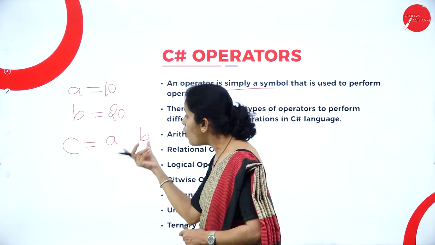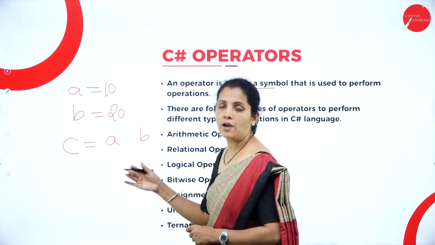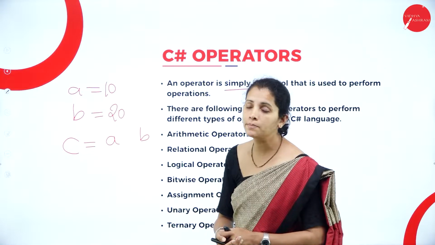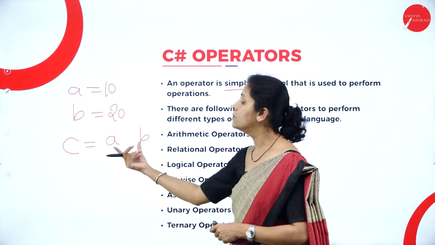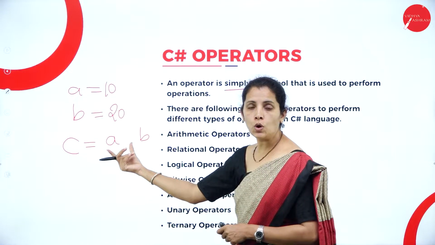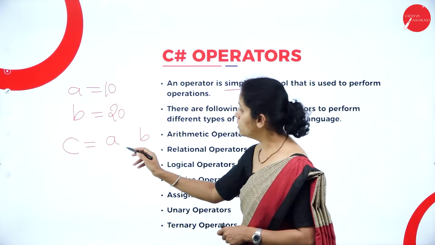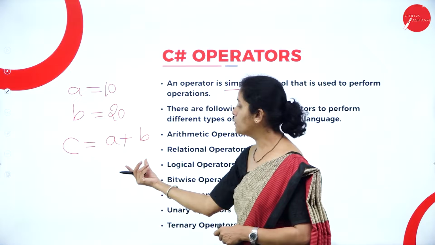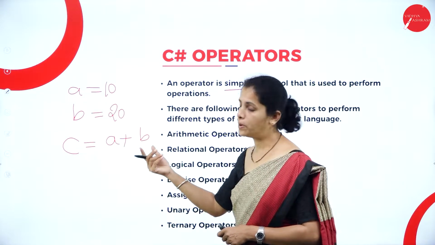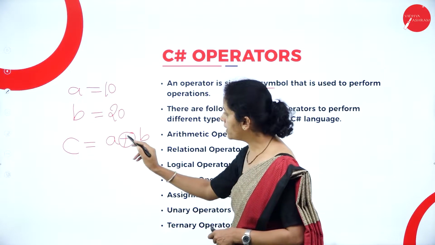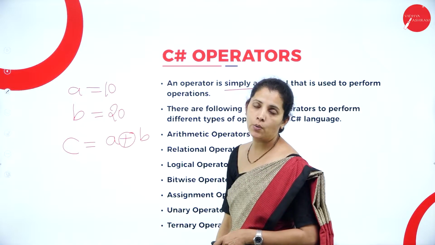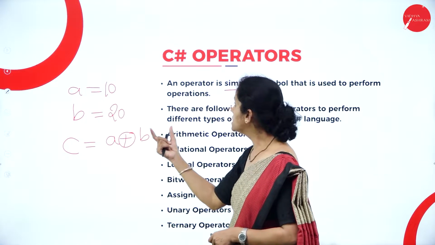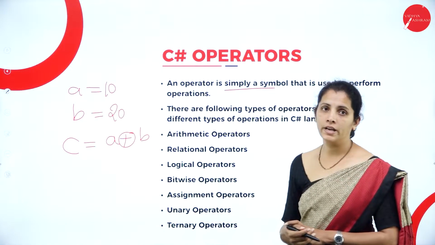So whatever operation I want to perform, that symbol I'm going to write between two operands. So if I write A plus B, then I'm going to perform the addition operation. And this operator, that is plus, equal, are examples of operators.